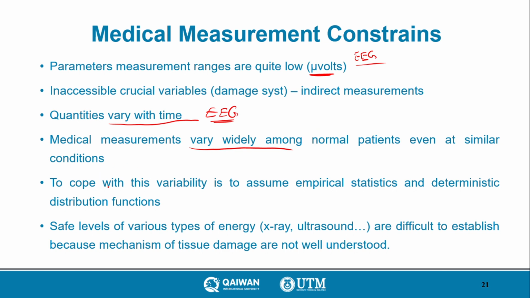To cope with this variability, we need to assume empirical statistics and deterministic distribution functions. Safe levels of various types of energy, X-ray or ultrasound, are difficult to establish because mechanisms of tissue damage are not well understood, but there are regulations.